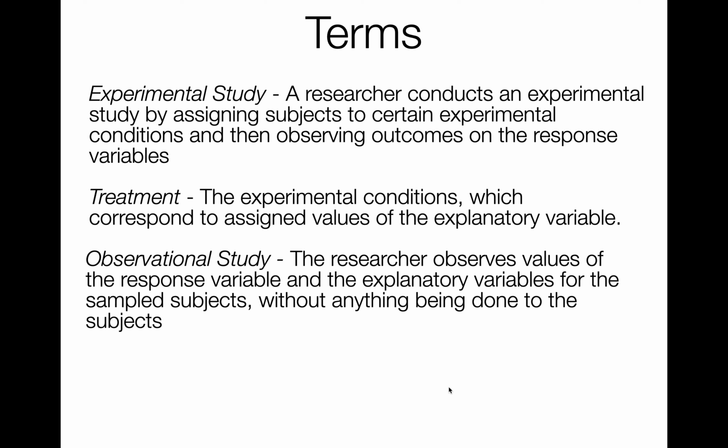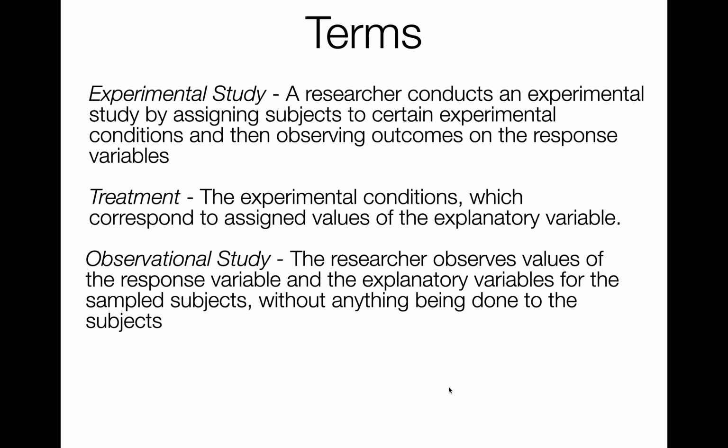So in an experimental study, the researcher is sort of hands-on. They put the people into groups, they assign treatments, they control or they try to control for outside variables that happen. Okay, that's an experimental study.